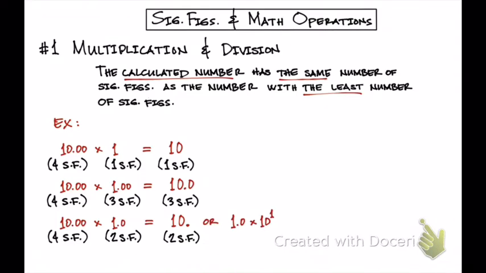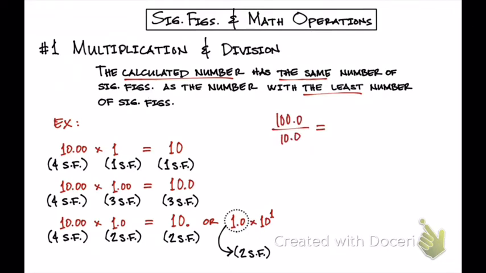Or you can turn this into scientific notation, 1.0 times 10 raised to the first power. So whenever you're counting the number of sig figs in scientific notation, and this is important, you only look at the coefficient, right? The coefficient is 1.0, and so 1.0 has 2 significant digits. So you can report it either way, 10 with a decimal point or 1.0 times 10 to the first power, although it is preferable to use scientific notation.